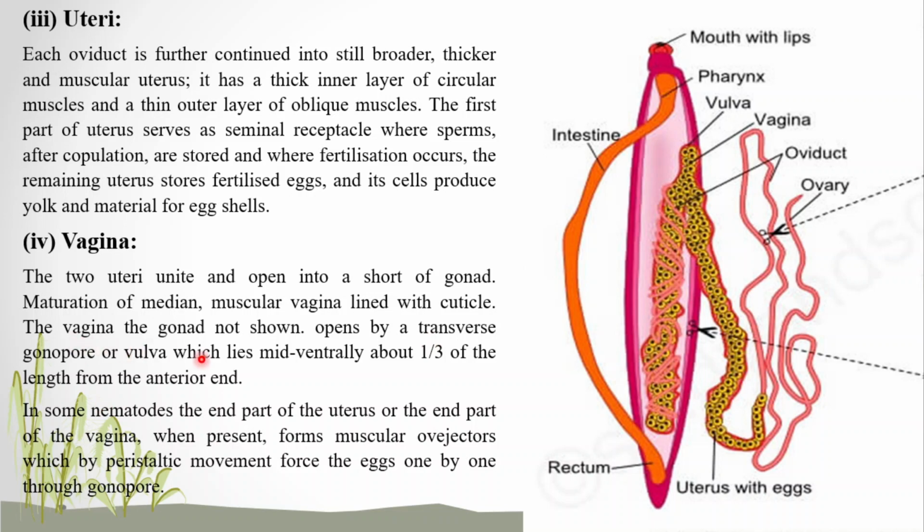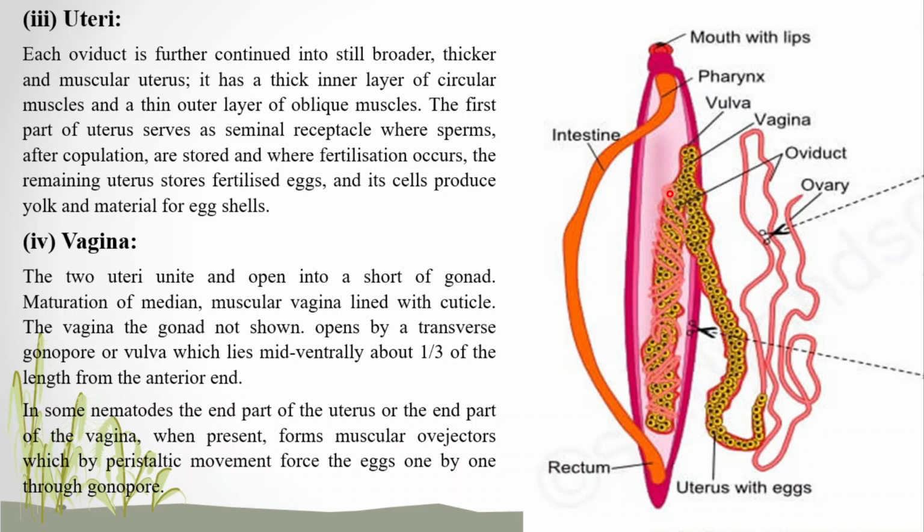The gonopore or vulva lies mid-ventrally about 1/3 of the length from the anterior end. From the anterior end, at the stage of 1/3 length of the female Ascaris, there lies the vulva.